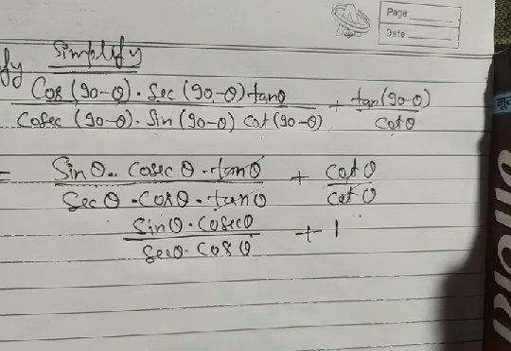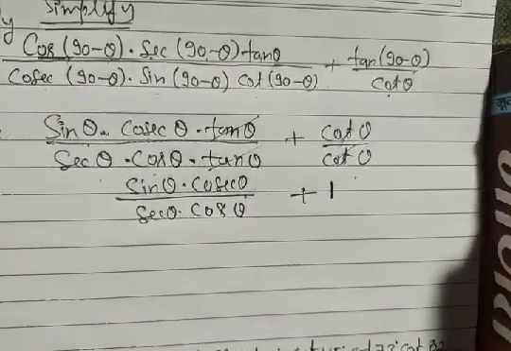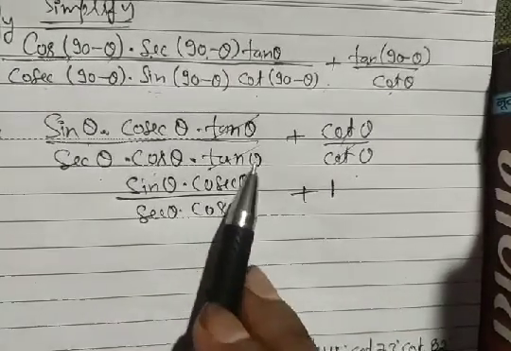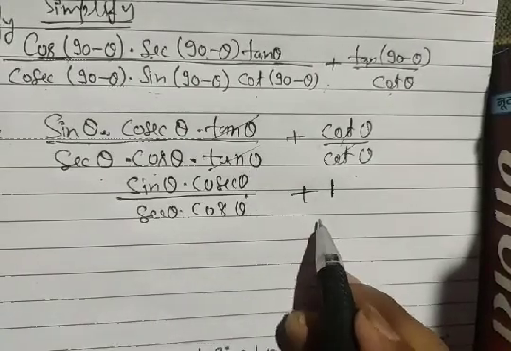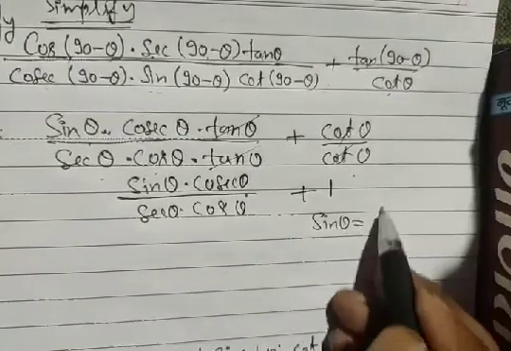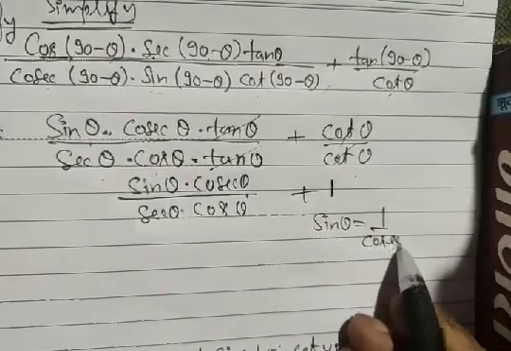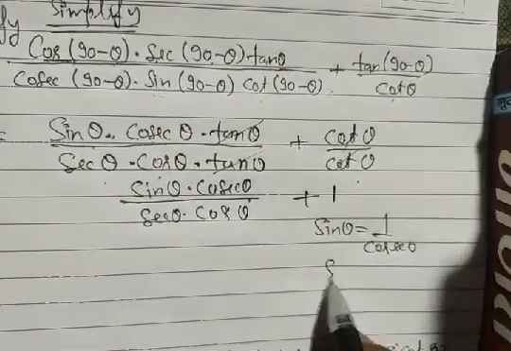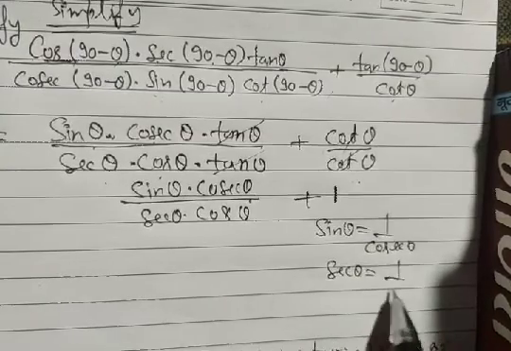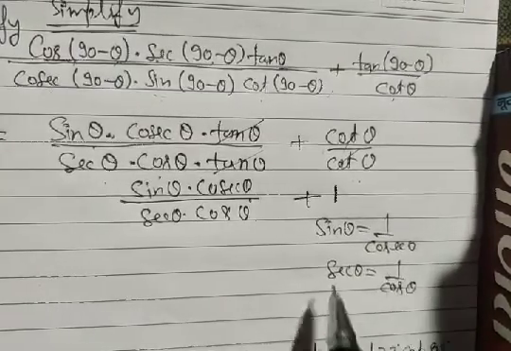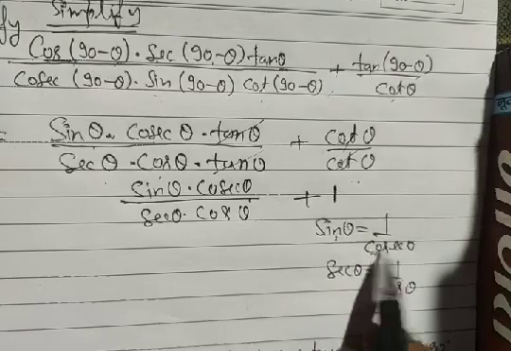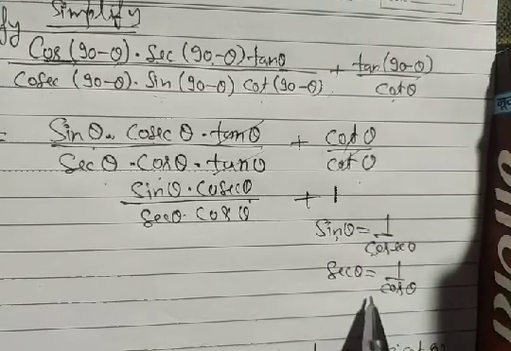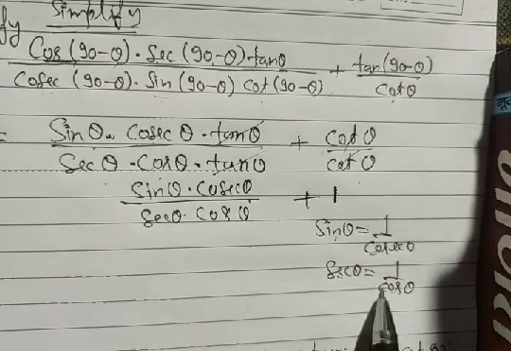Look what we have from the basic definitions of trigonometry. I mentioned that sin theta is equal to 1 upon cosec theta, and also I've explained that sec theta is 1 upon cos theta. When we multiply, sin theta into cosec theta is equal to 1. Also sec theta into cos theta is equal to 1.